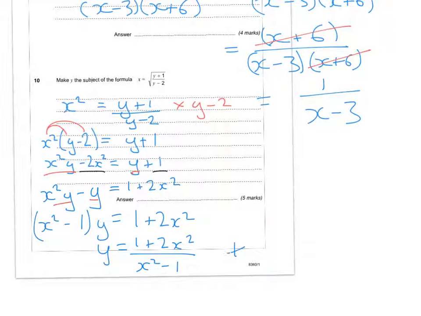I might come back to that one later to see if it simplifies in an exam, because this bottom part factorizes. I don't think it does simplify at this stage, but it might be worth checking if I have time.